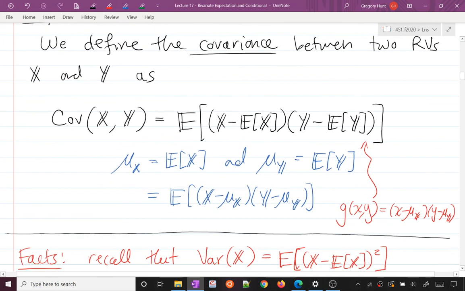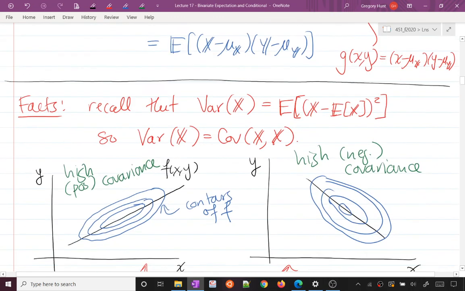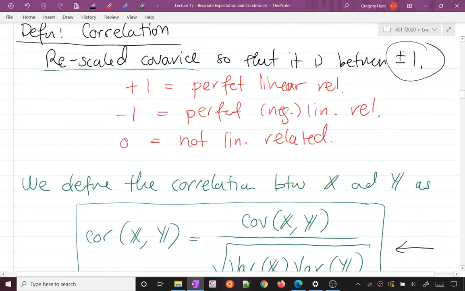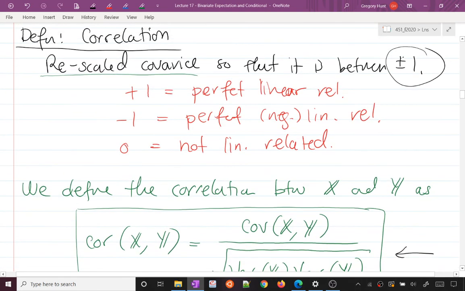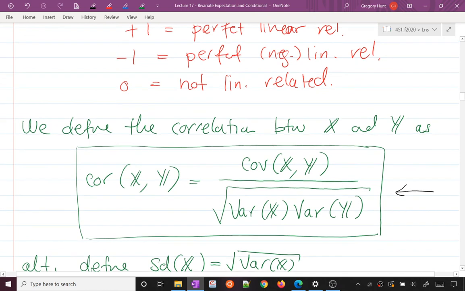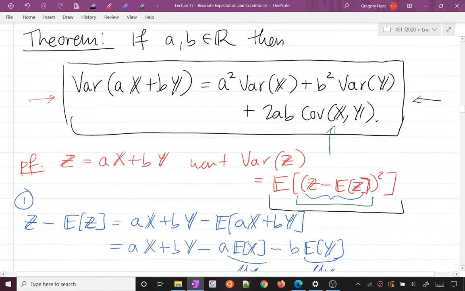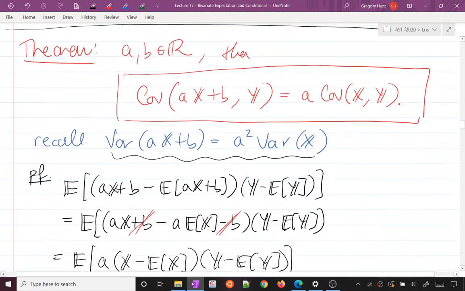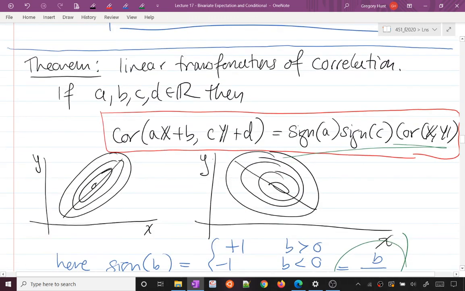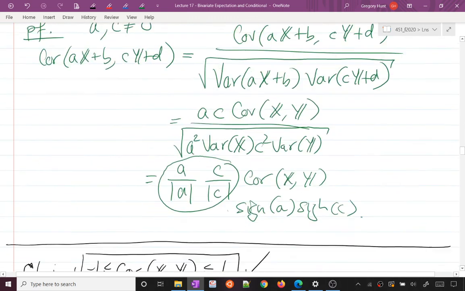Then we defined covariance, which defines something about how linearly related x and y are. And something more useful, which we call correlation, which is the covariance divided by the square root of the variances, or the standard deviations. We had some properties about variances, covariances, linear transformations of correlation and covariance.